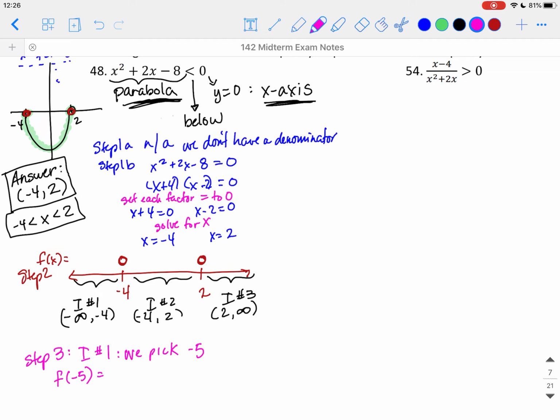So the function is x squared, so I'm going to put negative 5 squared plus 2 times negative 5 minus 8. So negative 5 squared is 25 plus a negative 10 is 15 minus an 8 is 7. But really, what we're only concerned with is the fact that it is a positive number. So right here, I'm going to put that for any number that you pick, your f of x is going to be a positive number.